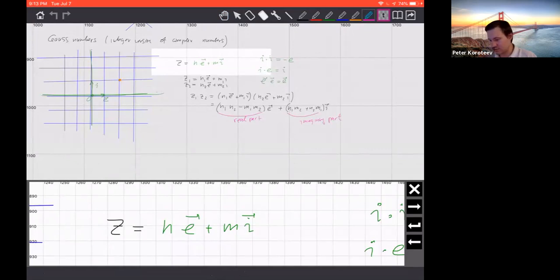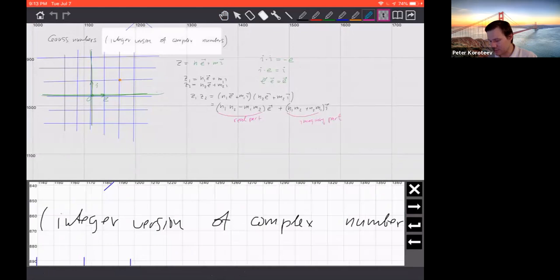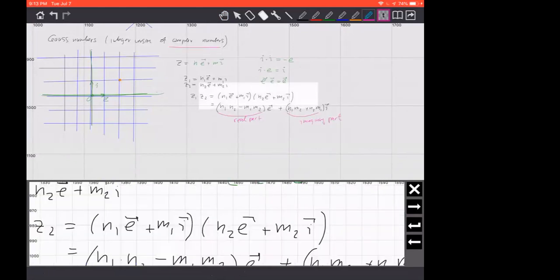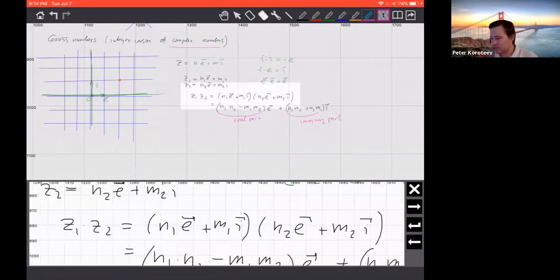This is the precursor of so-called complex numbers, where you can do exactly that. This is how you would multiply two complex numbers, and there is a one-to-one correspondence between a complex number and a point in the two-dimensional plane. It's basically the same story as I wrote here. Okay.